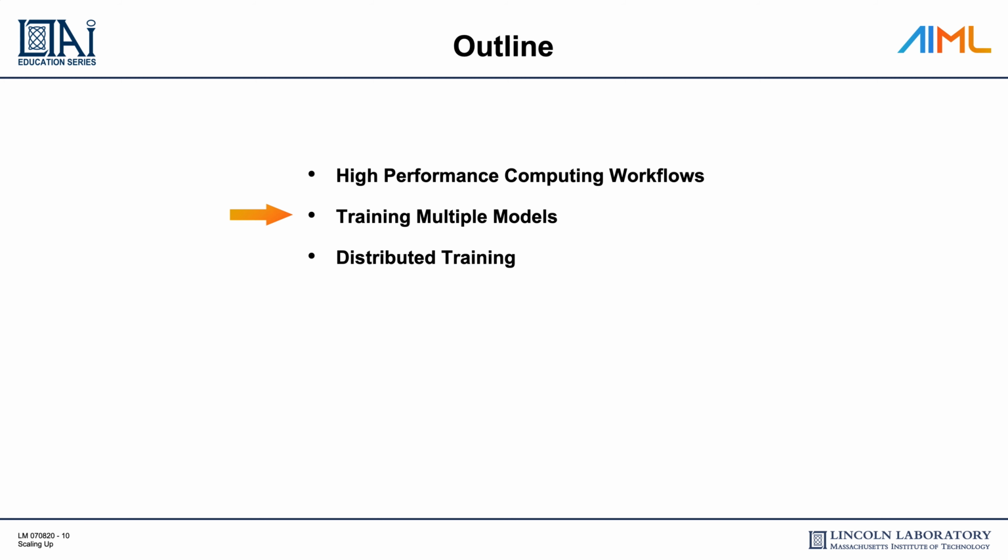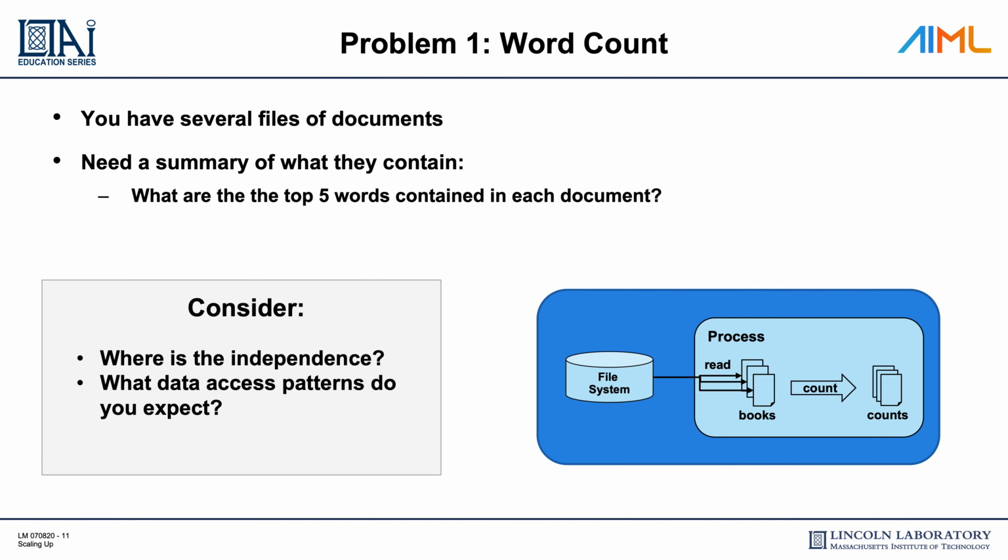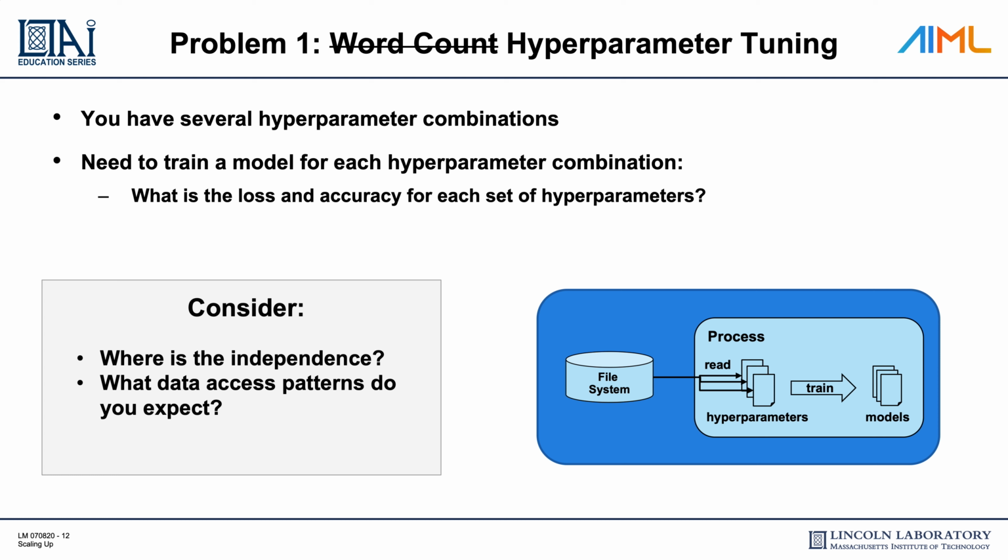Next, we'll start applying our workflows to machine learning applications. Remember the first word count example we went over? Imagine instead of counting words, we are training models on different hyperparameters. Just like word count, we can train each model independently given a list of hyperparameter combinations.